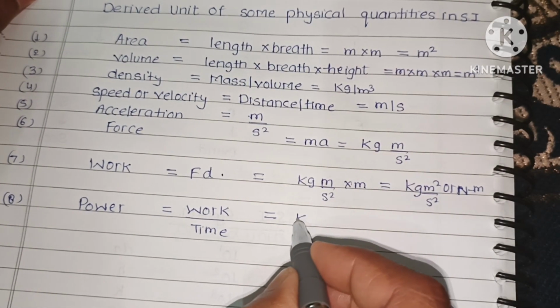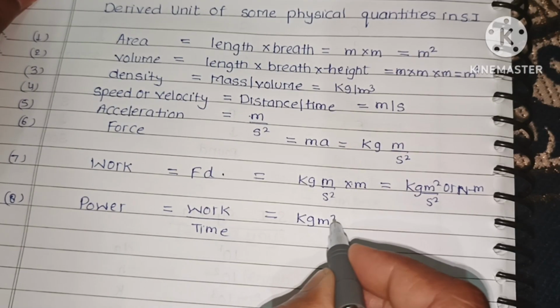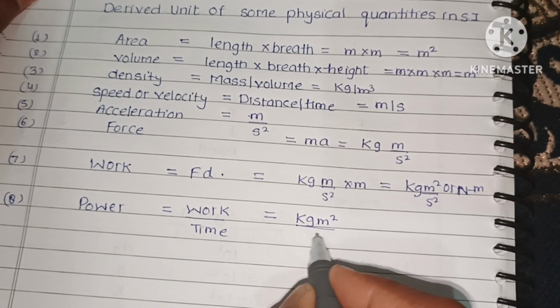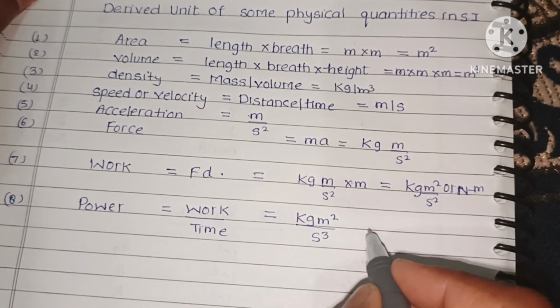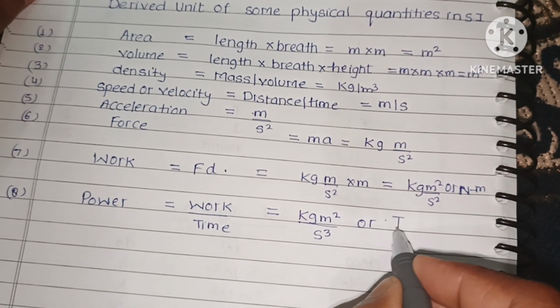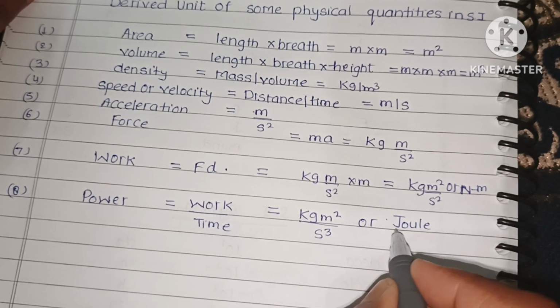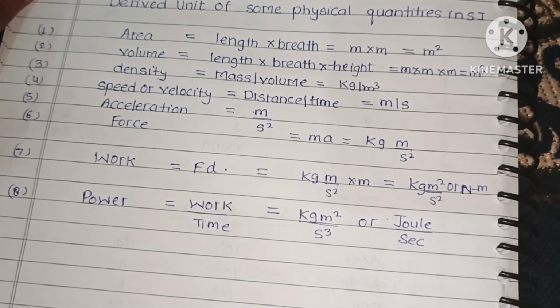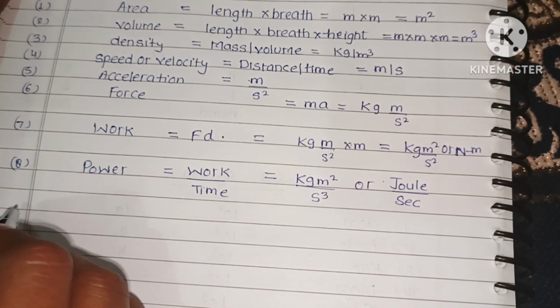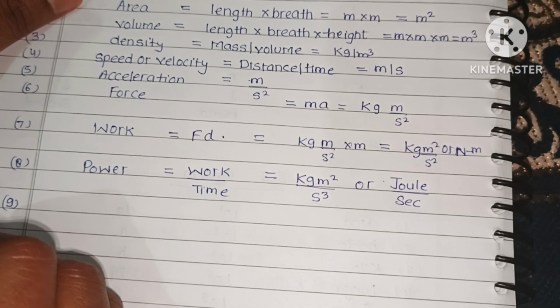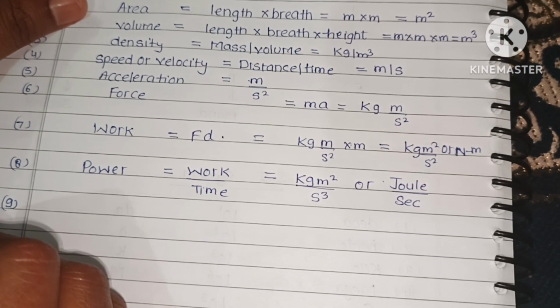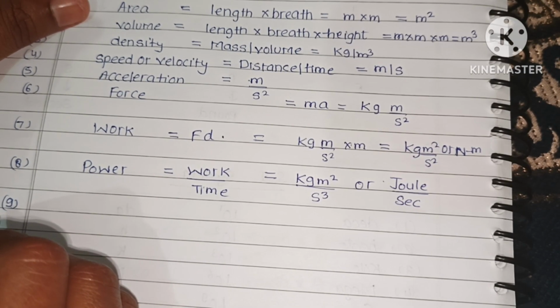So क्या हो जाएगा, kg मीटर स्क्वायर अपॉन s क्यूब और जूल पर सेकेंड. Okay.